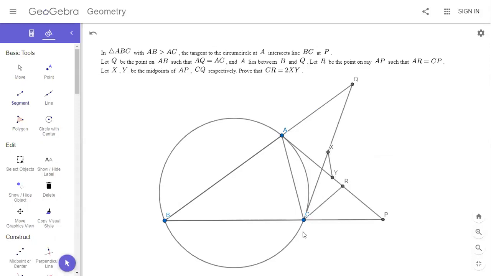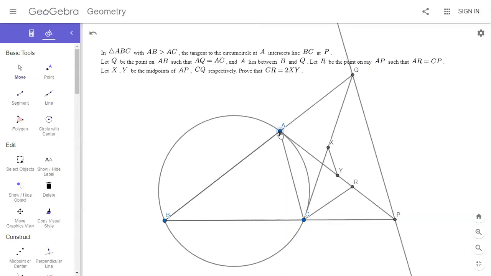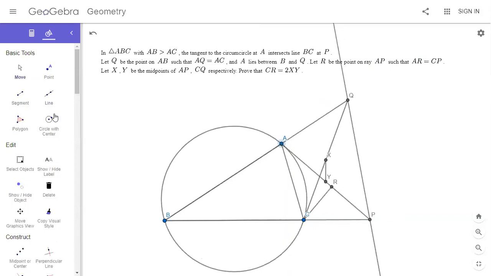All right. Let me check the chat. Is PQ parallel to XY? Let's see. Looks plausible. I think it is. Not 100%. Oh, no, I don't think so. Yeah, no, PQ is not parallel to XY.